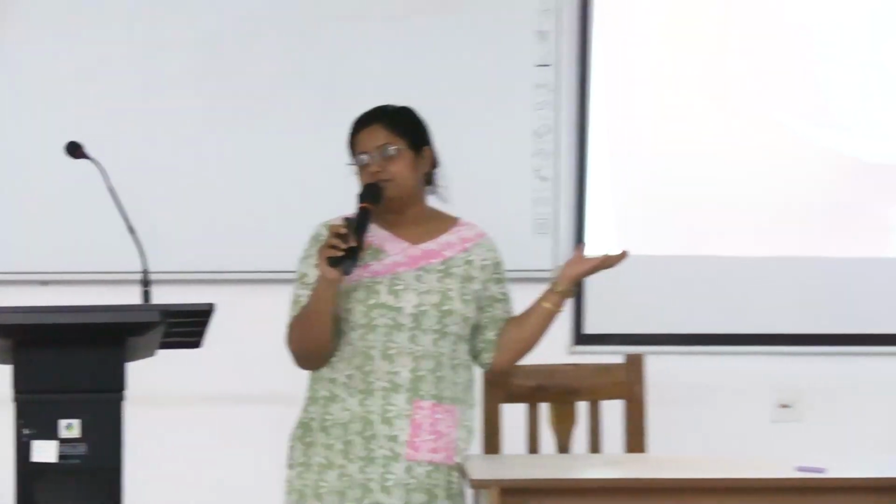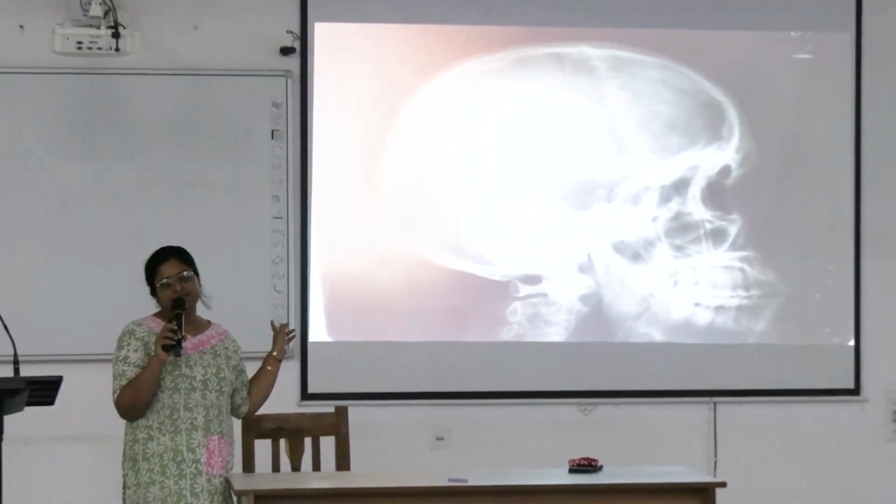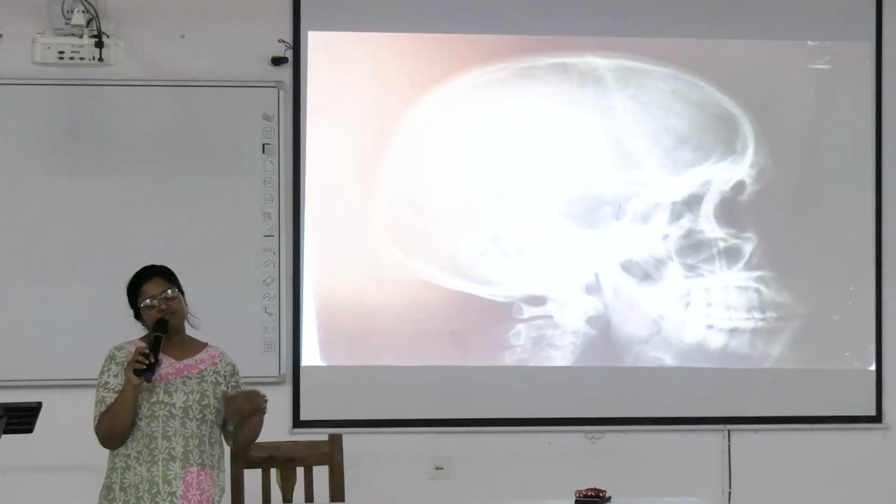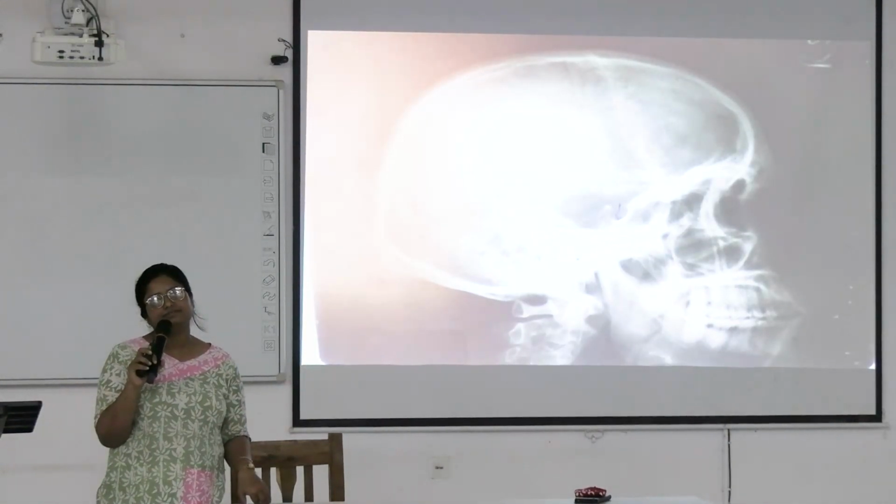Understood? Any queries? You have to identify the structures. They will be marked with an arrow or cross in your OSPE. X-ray plates are given in your OSPE, and related questions will be asked from there.